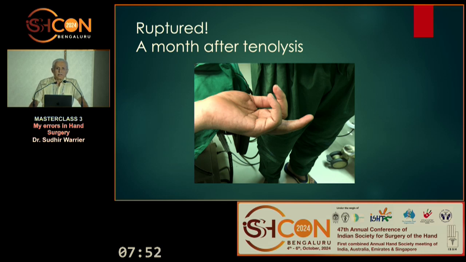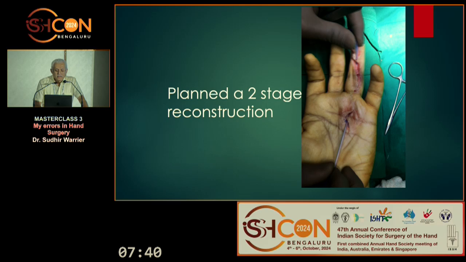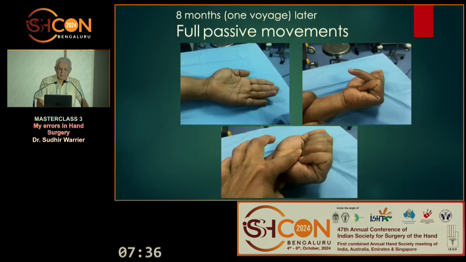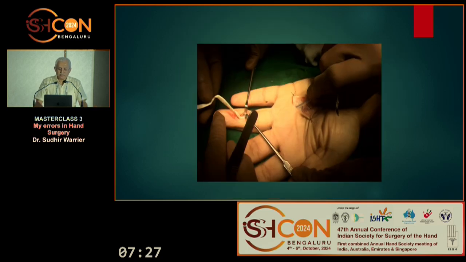He went home and he ruptured. Within a month of the tenolysis, he was driving, and suddenly he called me up and he said, Doc, I don't know what went wrong. I heard a snap, and here's my finger, it's straight again. So now we did a 2-stage reconstruction. And he went off on one of his voyages. 8 months later, he turned up, nice supple fingers, ready for a graft.